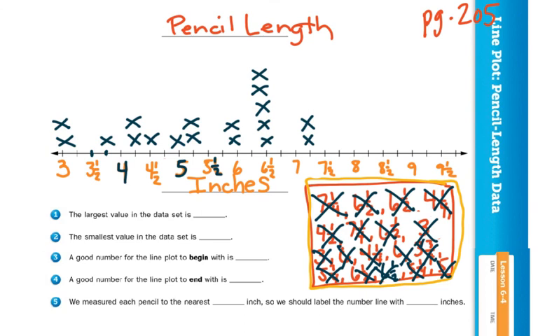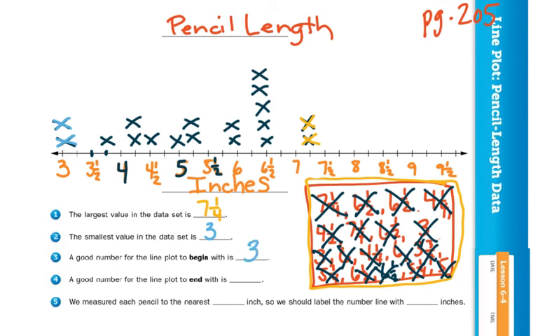So question number 1 says, the largest value in the data set is, what's the largest or longest measurement? It'd be these ones way to the right here. So 7 1/4. The smallest value, the one I kind of messed up there, sorry, would be 3. A good number for the line plot to begin with is, well, I should have started with 2, shouldn't I?